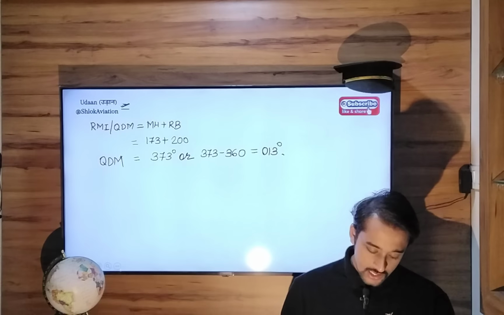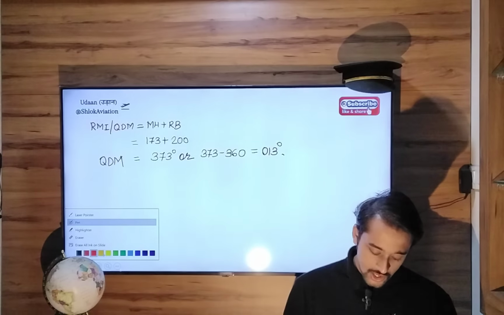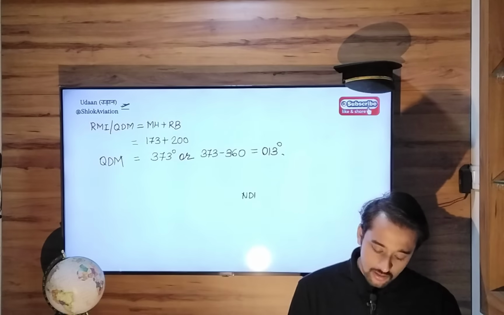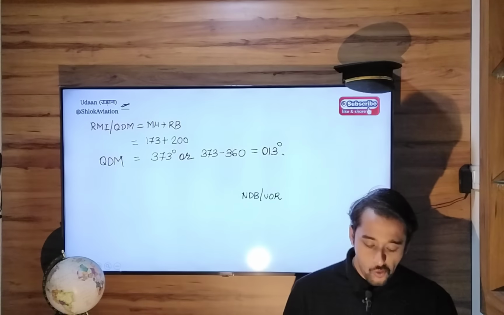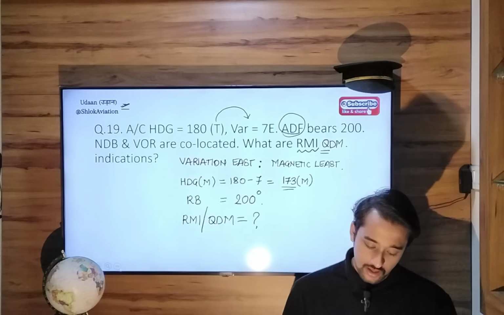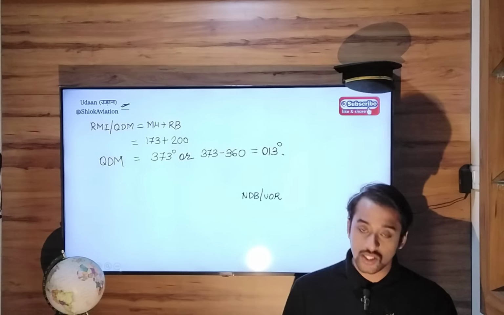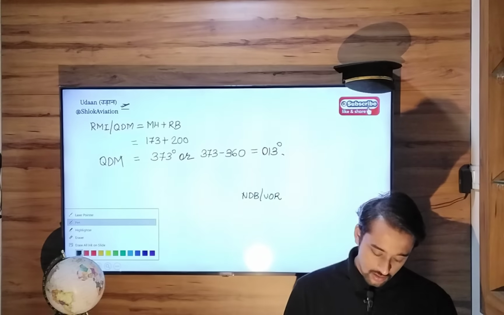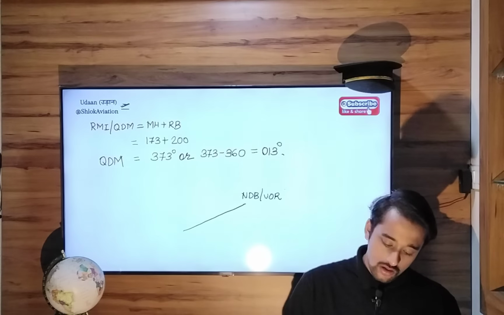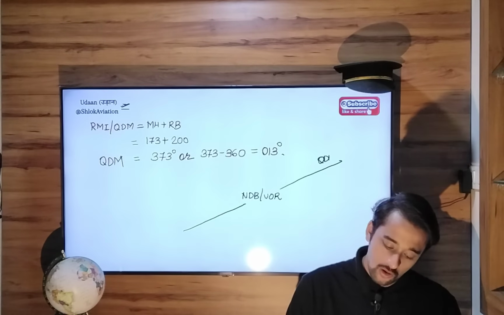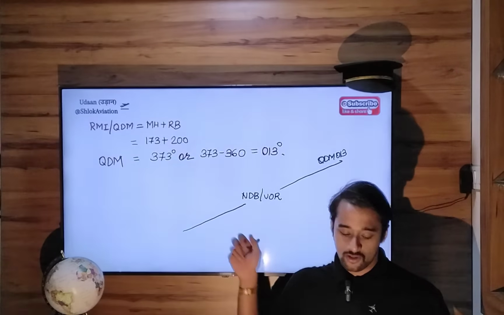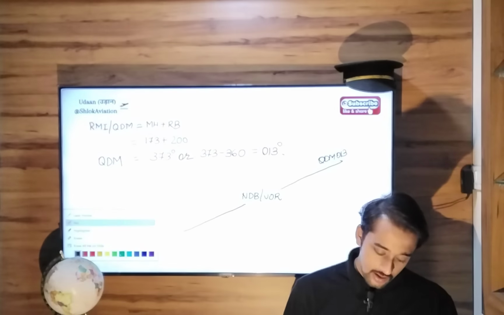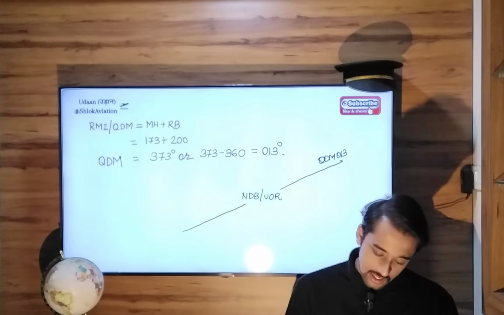Okay, let's draw this. So if this is your NDB and VOR, QDM is 013. So that means this is your QDM 013. You're going towards the VOR. So that means you will be somewhere on this side of the VOR with your heading of 173.